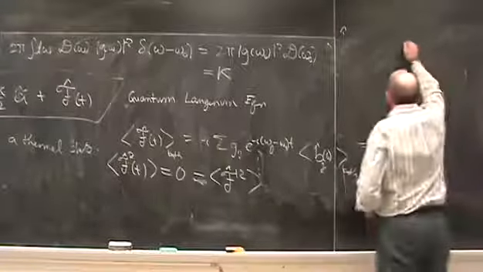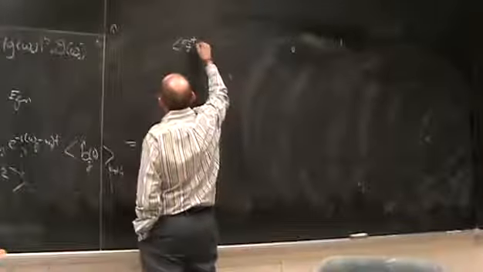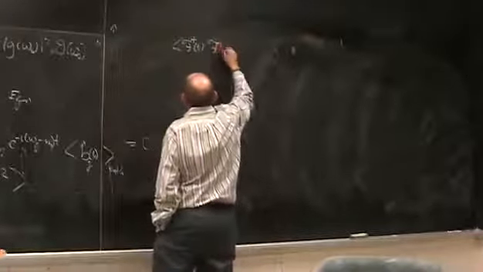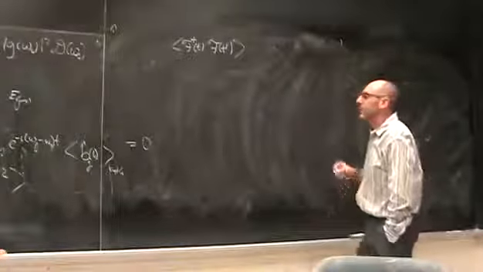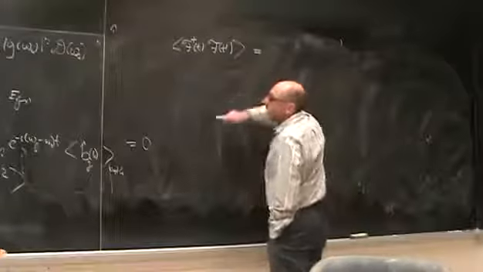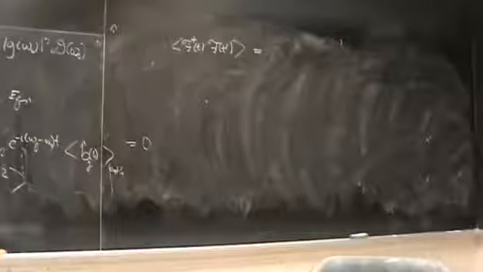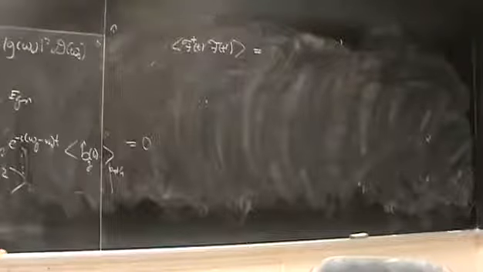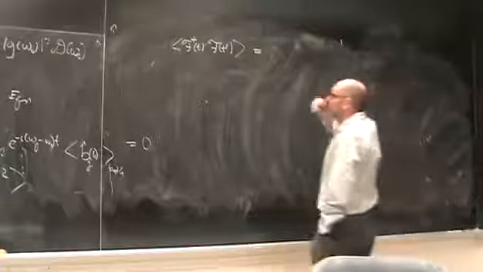if I look at F dagger at time T, F at T prime, okay, well, what's that going to be? Again, when I have a thermal state, only when I have equal numbers of B and B daggers in the same mode is the mean going to be anything other than 0. So this sum collapses to a single sum.